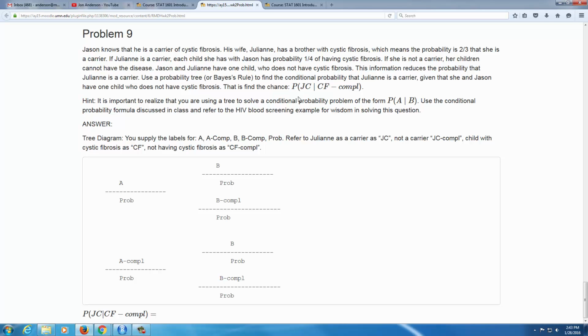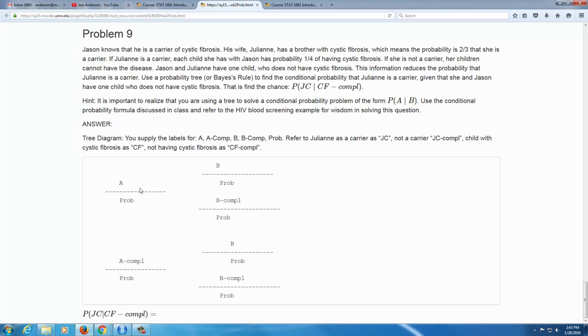What I ultimately want you to figure out is the conditional probability that she is a carrier, given that she has a child that does not have CF, cystic fibrosis. You will need to use the conditional probability formula A given B from the notes.